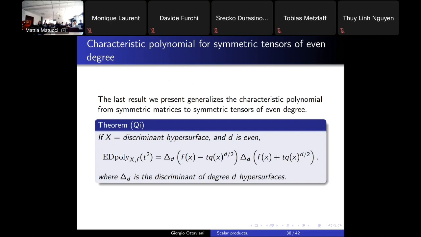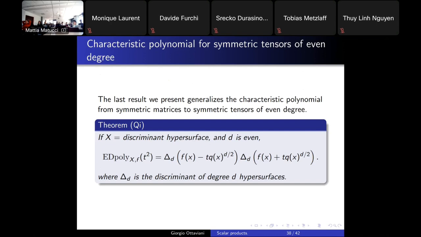So this means that if you want to understand the polynomial, you can do the following: you pick your f, and then you consider f plus t q to the d half.